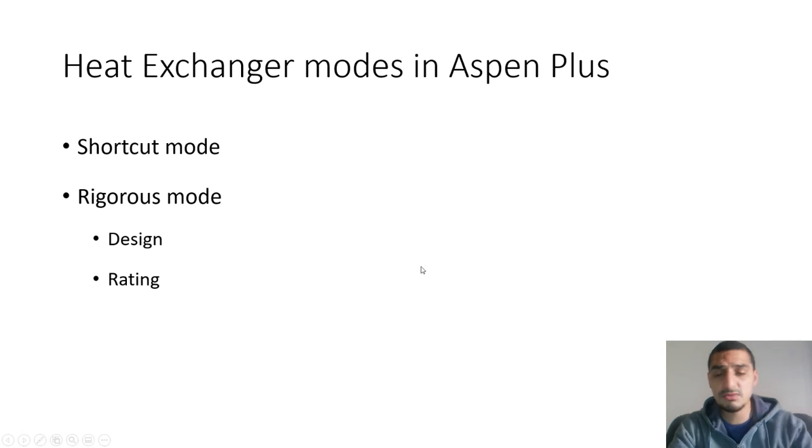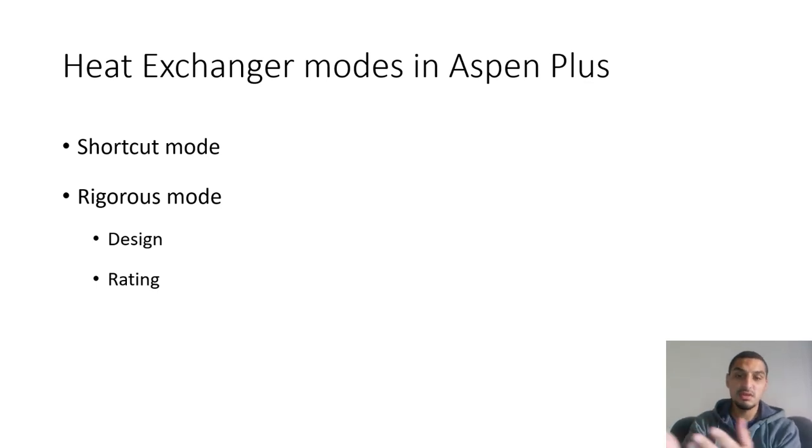The details that we've just discussed in this video are going to be available in the rigorous mode. In this mode, you can choose to provide the desired heat transfer that you want to achieve, and then the software will provide you with the design that will achieve this heat transfer. And in the rating mode, it's the opposite.